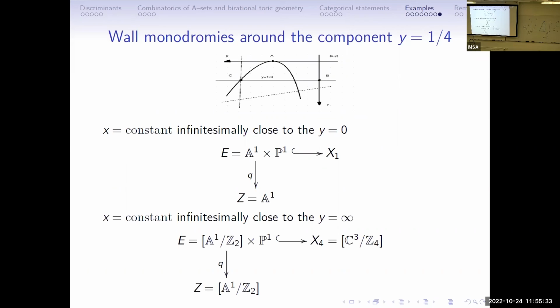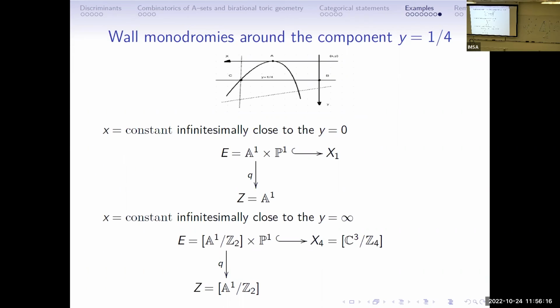And if we do that here, we're going to get a different z. We're going to get the stacky version of this. Of course, the point here is that of our conjecture with Ludmil is that the z has a semi-orthogonal decomposition where I have this Z as one of the components of the semi-orthogonal decomposition of A1 quotient stack by Z2.